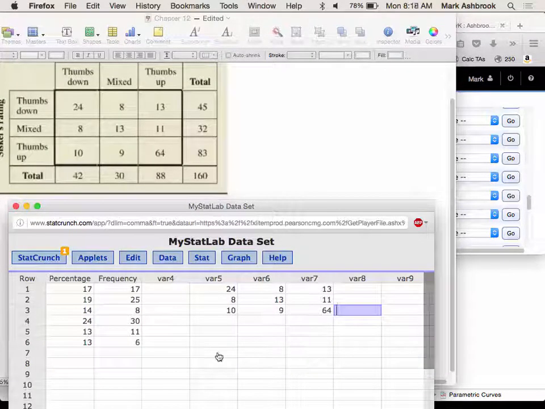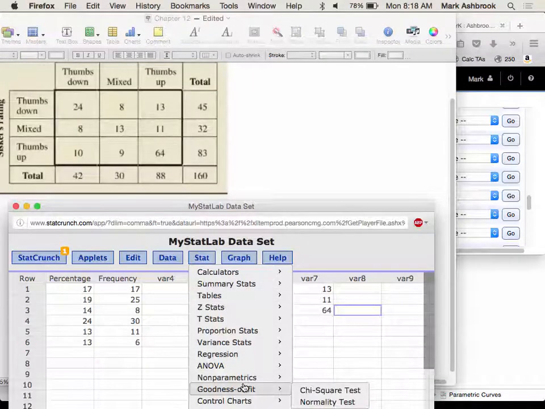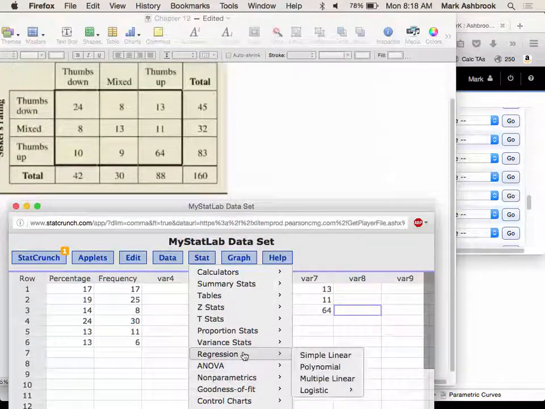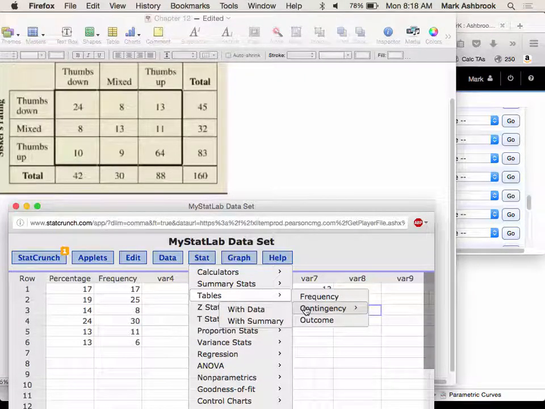Okay, so we're using variables 5, 6, and 7, rows 1, 2, and 3. And so we're going to go to Stat, and we're going to go to Tables, Contingency, with summary. So we have a table of data, and contingency means contingent, dependent, right?